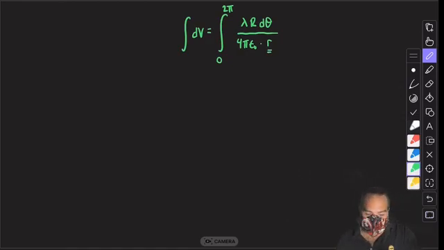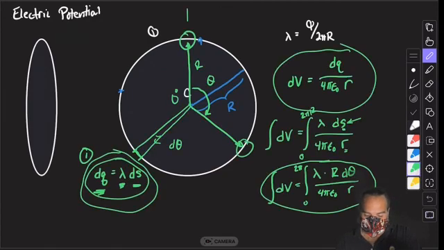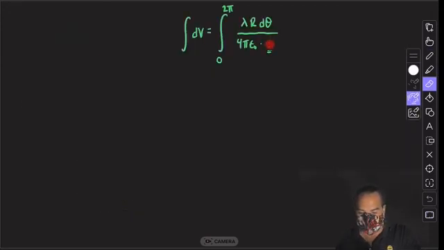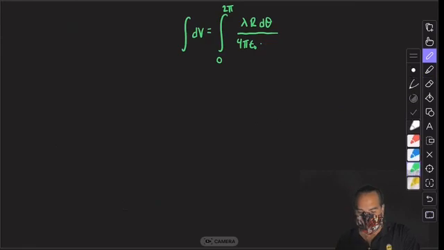When I look back, I think r is the same for every piece of charge. Every piece of charge is the same distance away. So I think it's going to be pretty easy for us to look at the relationship between r and theta. There is none. R is the same for every theta. So over here, I'm going to replace little r with big R in my integration.